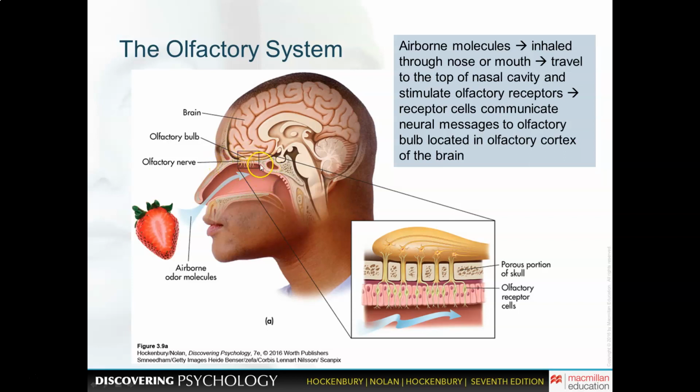If you look at this close-up view, this goes directly up into the part of the brain where we're able to smell very quickly. That's called the olfactory nerve right here, right up in here.